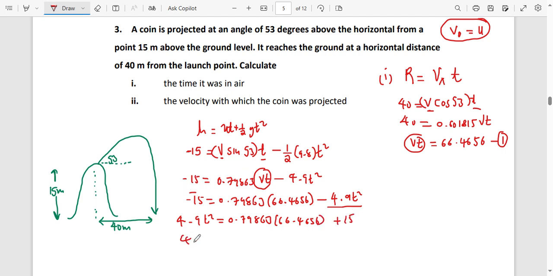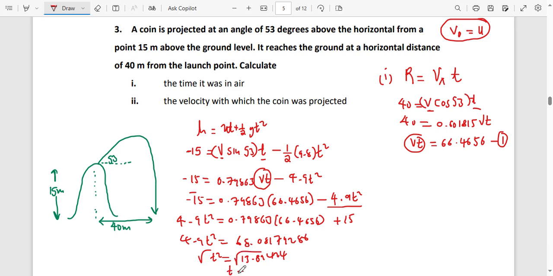So 4.9 t squared is equal to, I'll just punch this in the calculator, multiply and then add the 15. That is going to give us 68.081799286. Divide by 4.9, that will be t squared is equal to 13.89424. And then square root both sides.